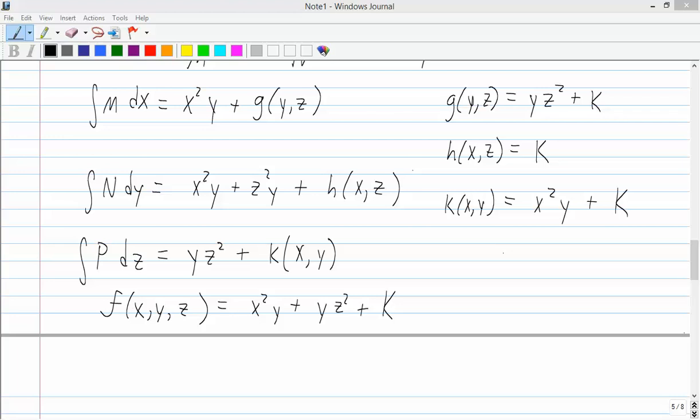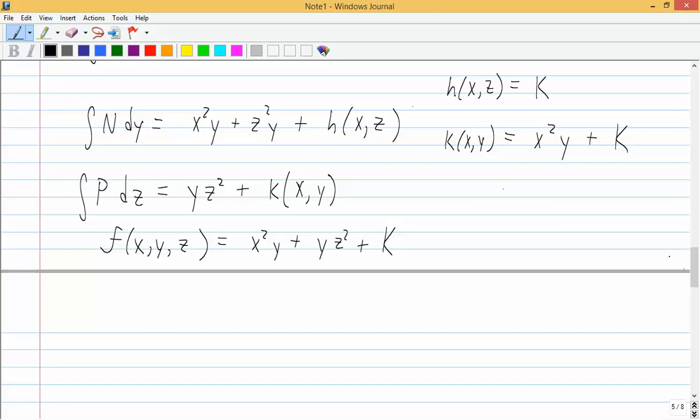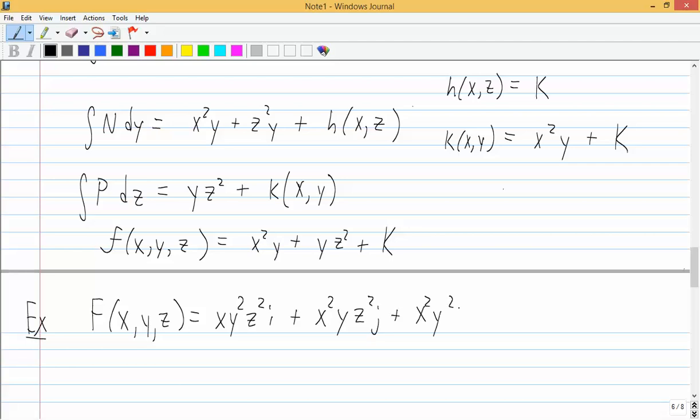All right, here's your function. Let's find the potential function if F is conservative. If capital F of x, y, z is equal to xy squared z squared i plus x squared y z squared j plus x squared y squared z k.